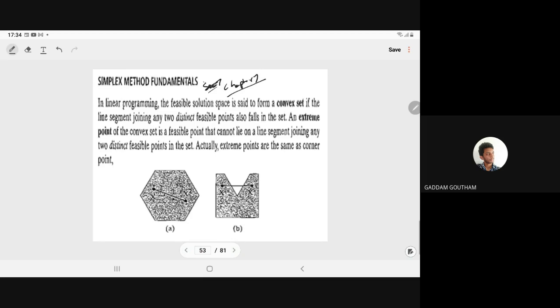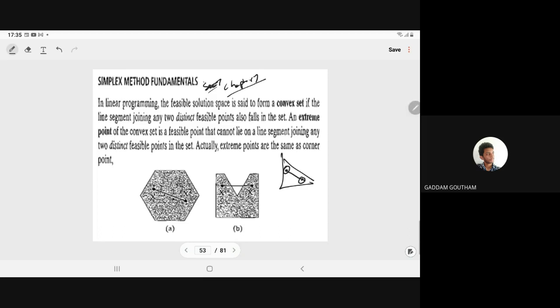The feasible solution space forms a convex set if the line segment joining any two distinct feasible points also falls in the set. Means if you take any two points and the line joining them lies completely in that set, then that set is termed a convex set.